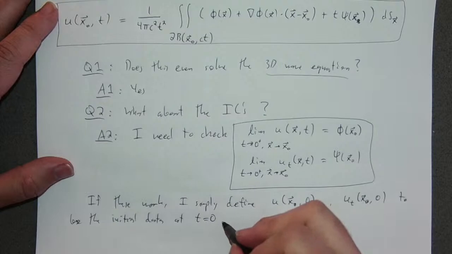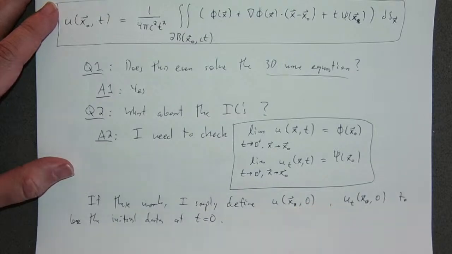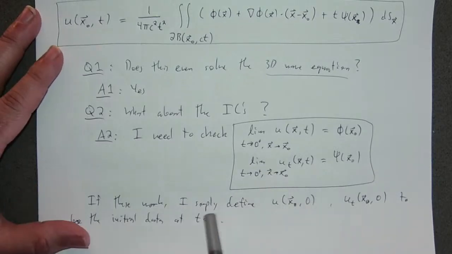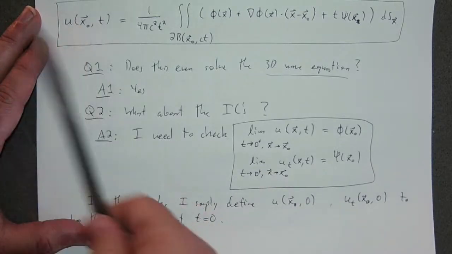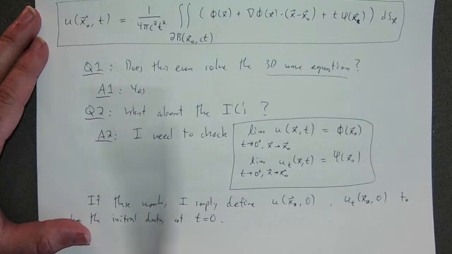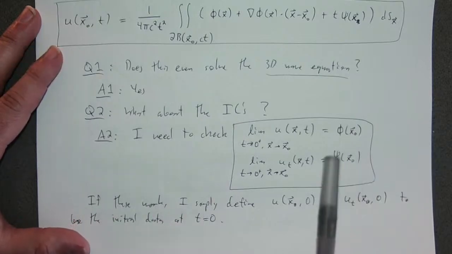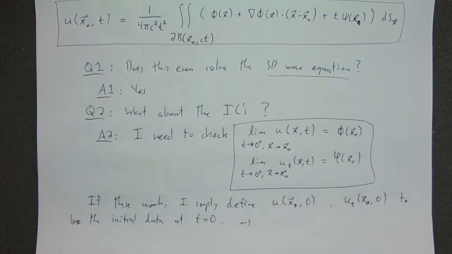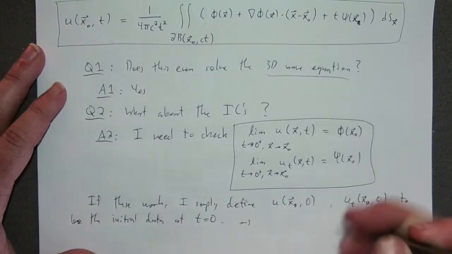If these limits hold true and I define my u to be the initial data at t equals 0, I get a continuous u, a continuous u at t equals 0.